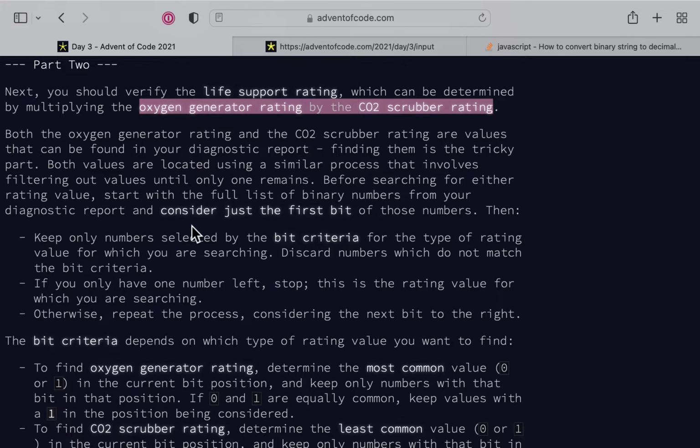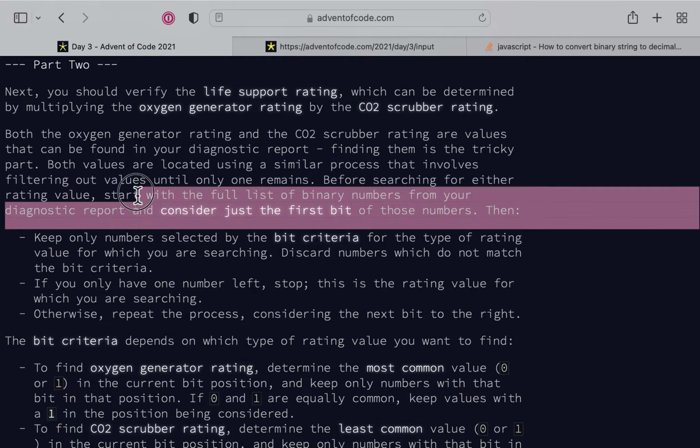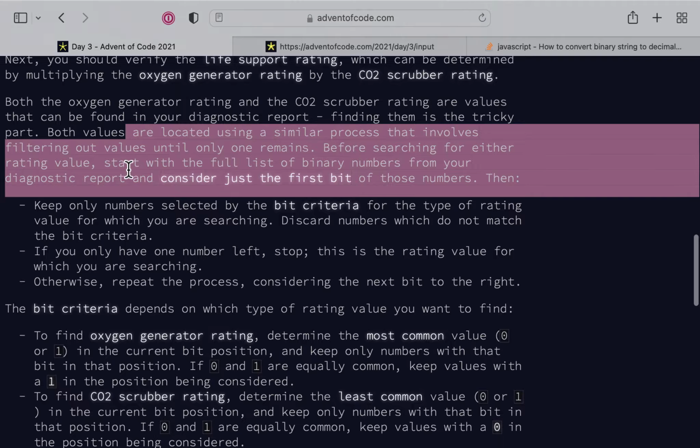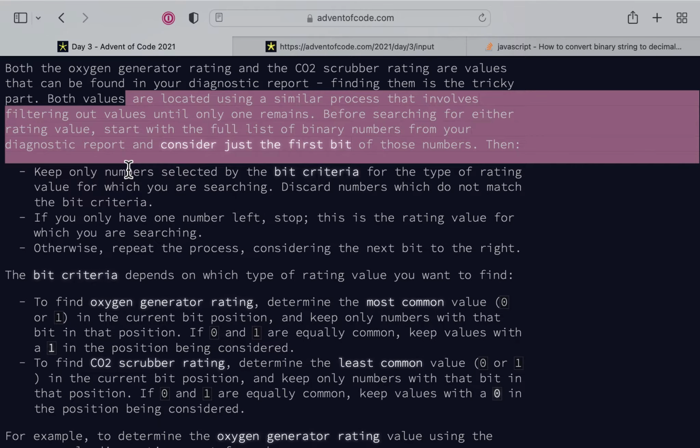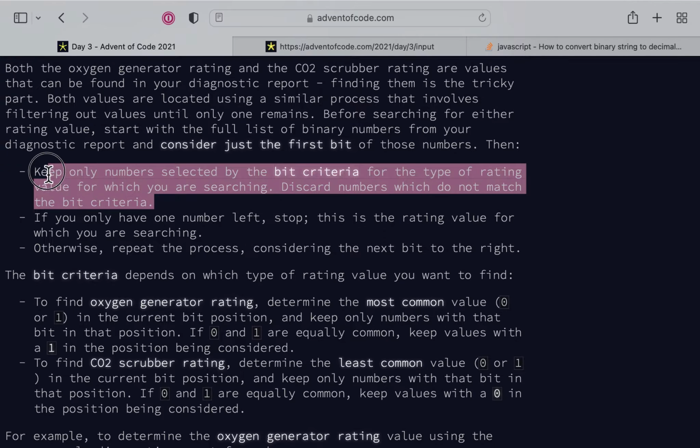Both values are located using a similar process that involves filtering out values until only one remains. Before searching for either rating value, start with the full list of binary numbers from your diagnostic report and consider just the first bit of those numbers. Then, keep only numbers selected by the bit criteria for the type of rating value for which you are searching. Discard numbers which do not match the bit criteria. If you have only one number left, stop.